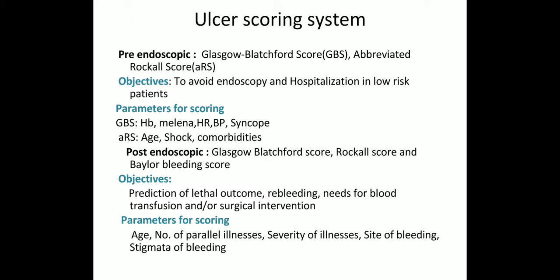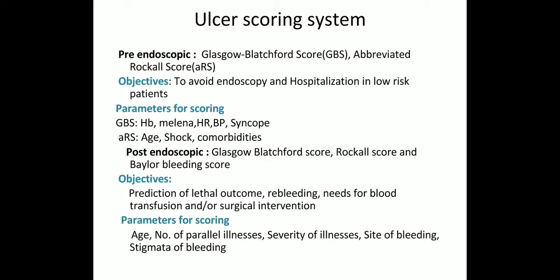It is also a very popular scoring system which is useful to know about the bleeding tendency of the GIT in the PUD patients. The main objective of this Baylor bleeding score is prediction of lethal outcome, rebleeding, need for blood transfusion, and to assess if there is any need of surgical intervention.